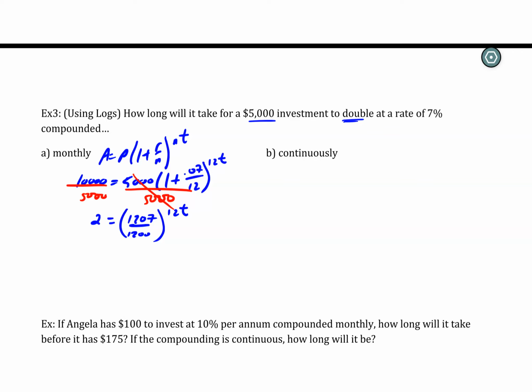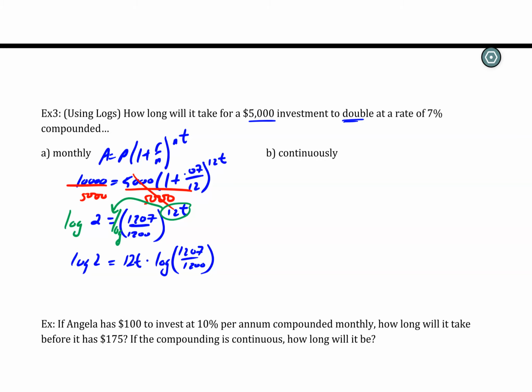If I take the log of both sides, that allows me to power down the exponent and put it in the front. So now I have log 2 equals 12t times the log of this giant fraction.